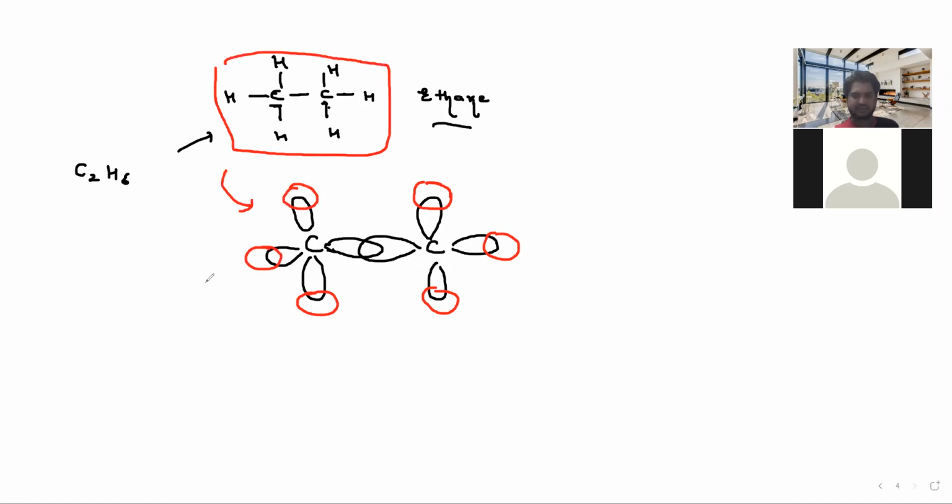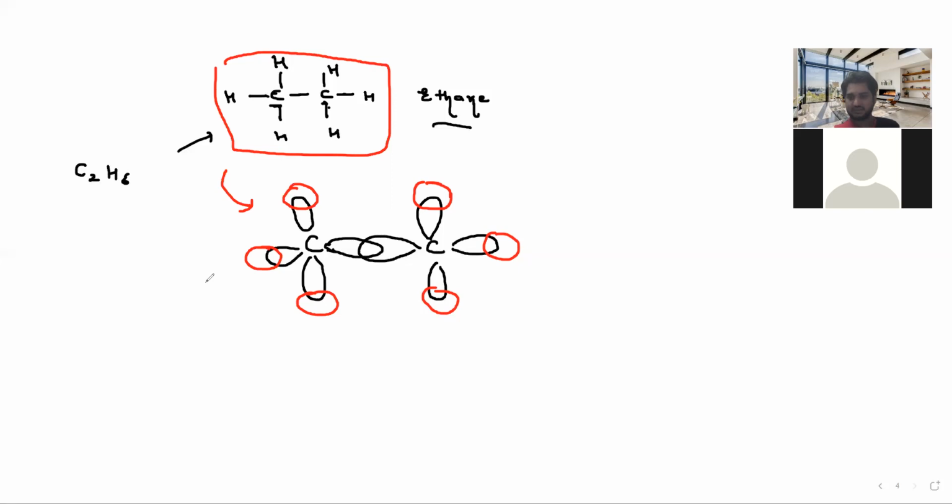Can you tell me, is there any pi bond here? No. Oh no. Yes, there is. Where is it? No, there is no pi bond. It is only the end-to-end overlapping, nothing else.